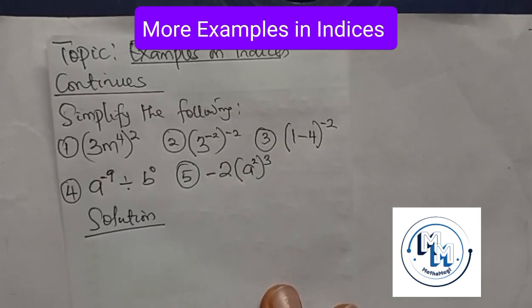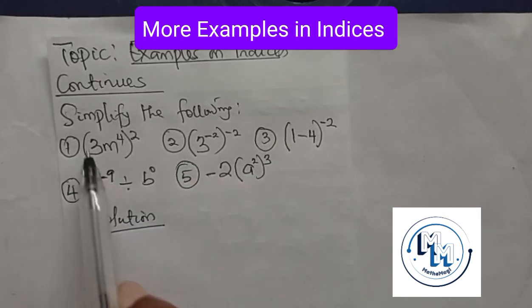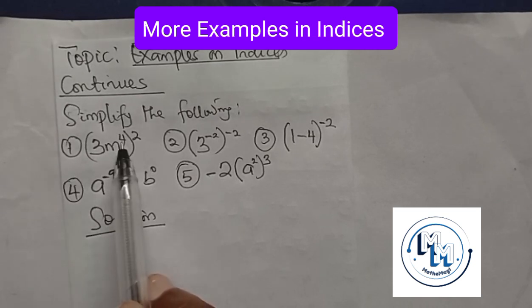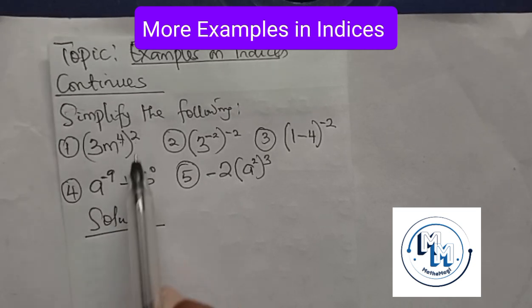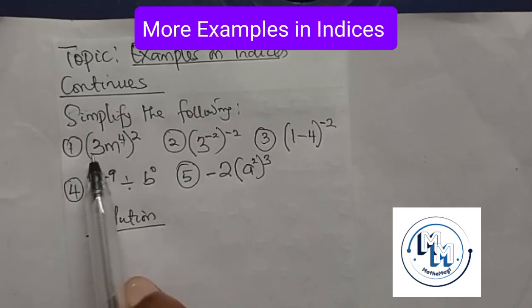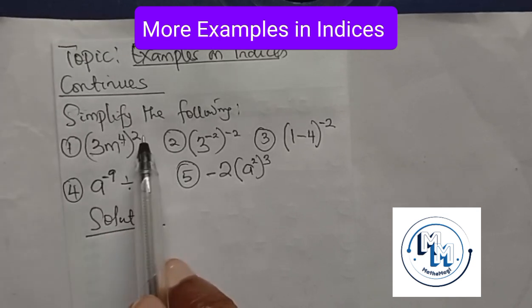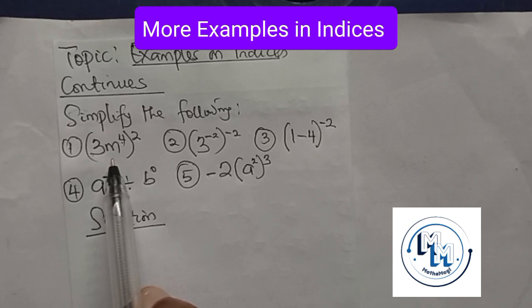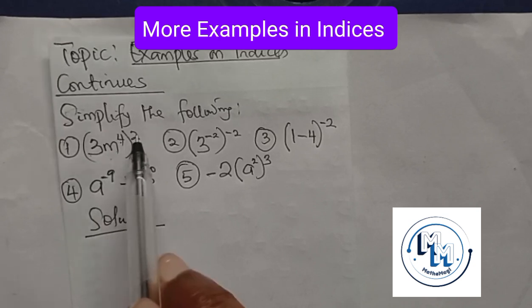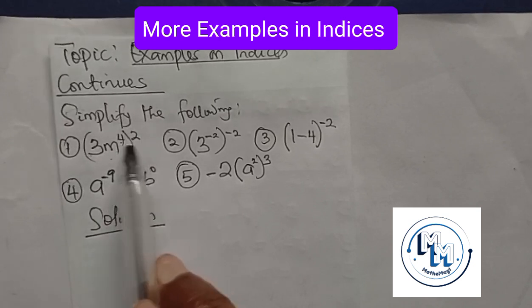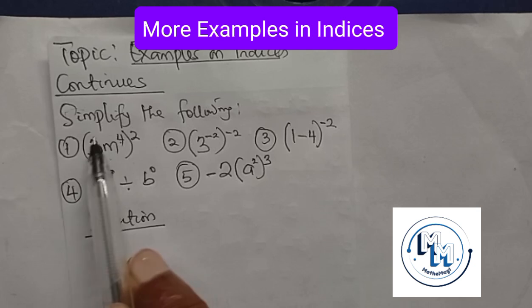The first one says bracket 3m power 4, brackets close, all raised to power 2. Like we always know, the 2 outside affects the whole thing inside the brackets.